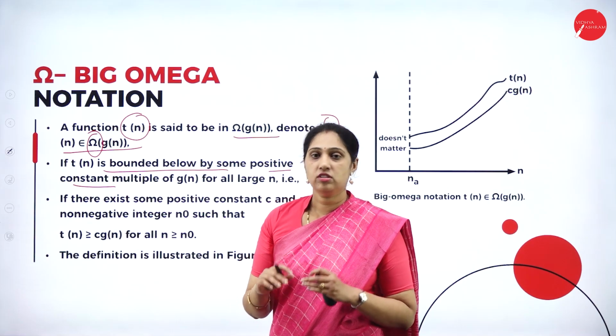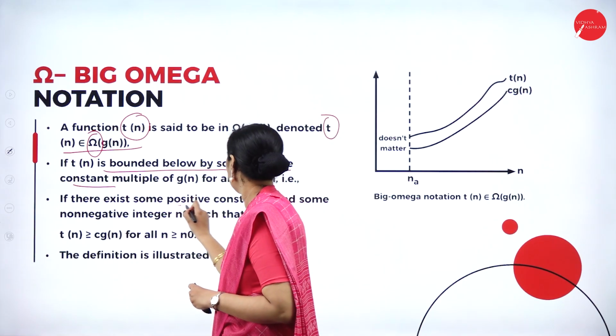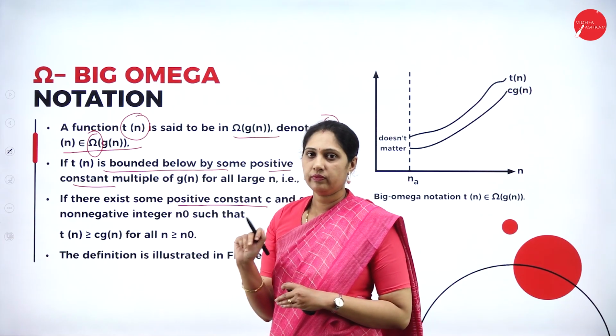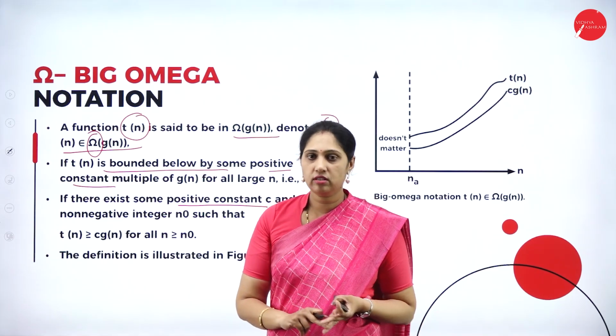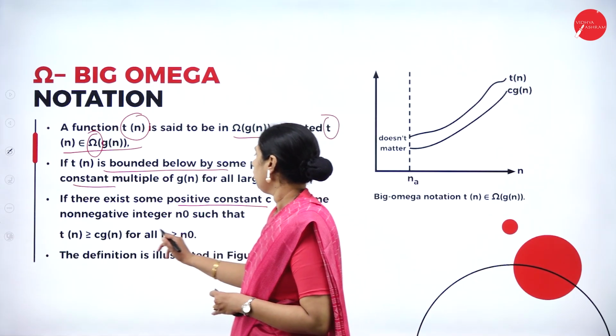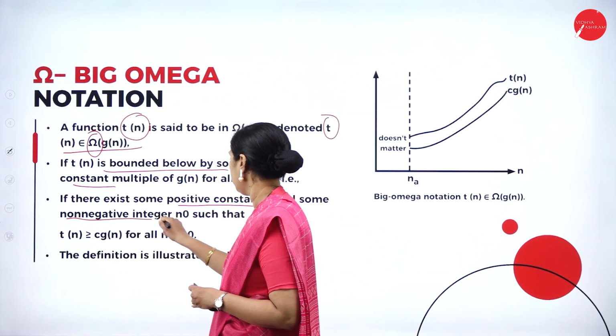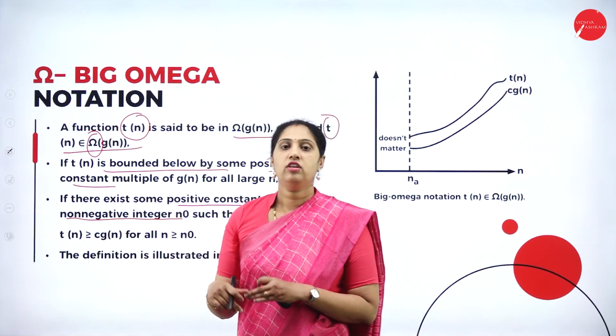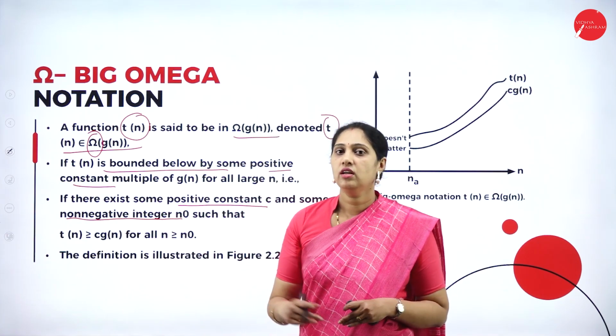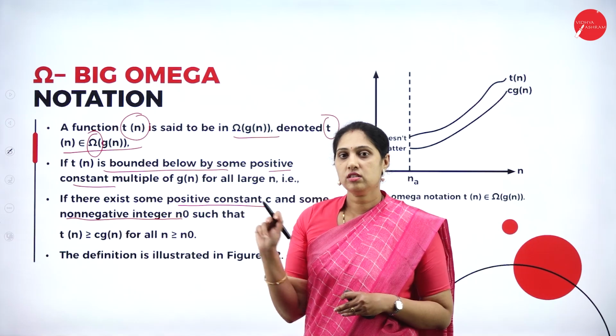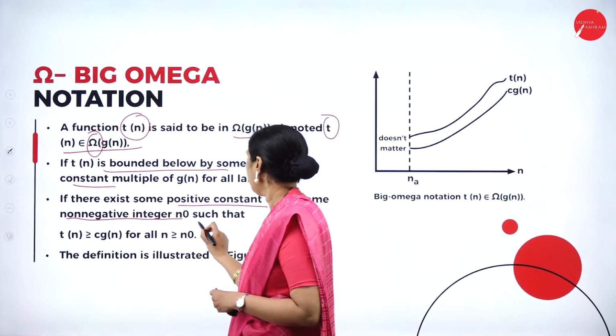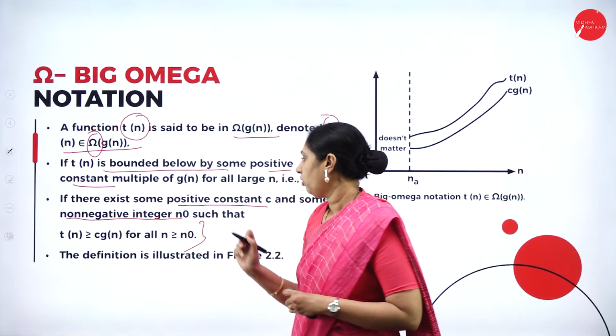If there exists some positive constant c and some non-negative integer n naught, so n naught is a non-negative integer, and c should be a positive constant. Again this function lies. So what we can say?